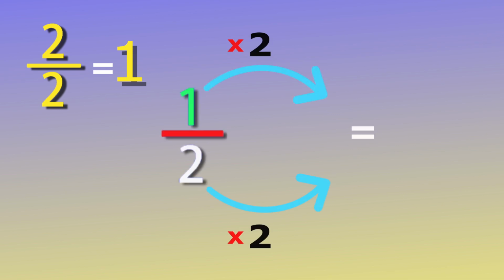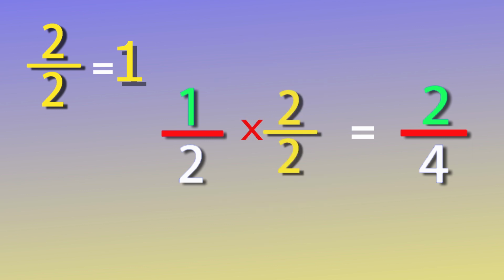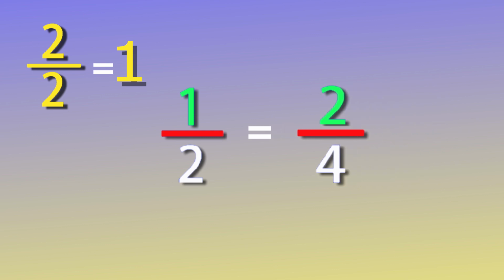If we multiply both denominator and numerator of half by the number 2, it is exactly the same as multiplying half by 2 over 2. And since 2 over 2 equals 1, that's the same as multiplying half by 1, and half times 1 equals half. The numbers of the fraction will change, but the value does not, because we are actually multiplying by 1.